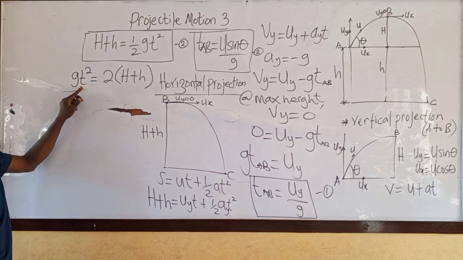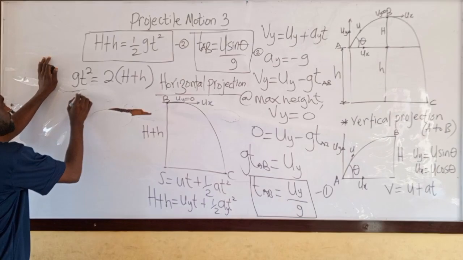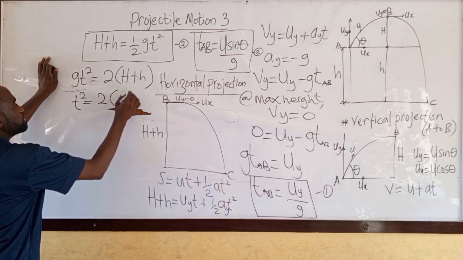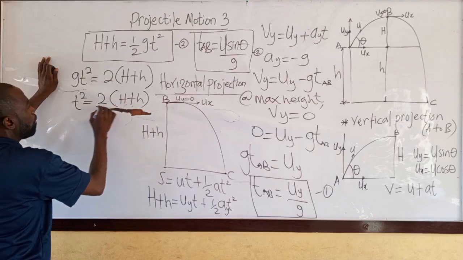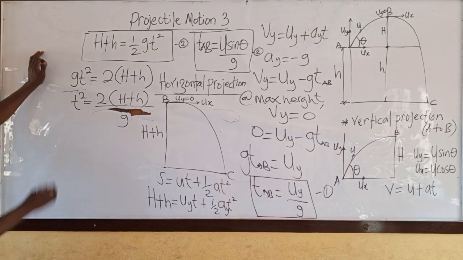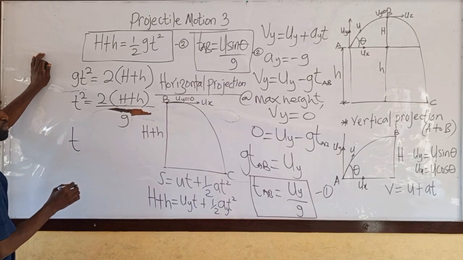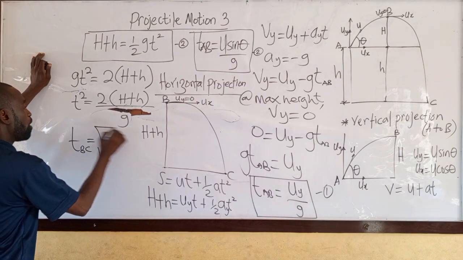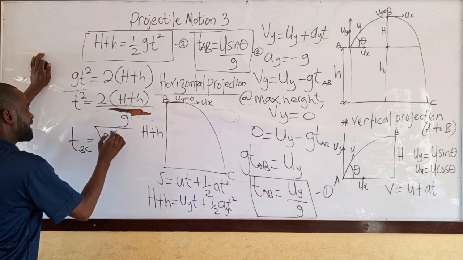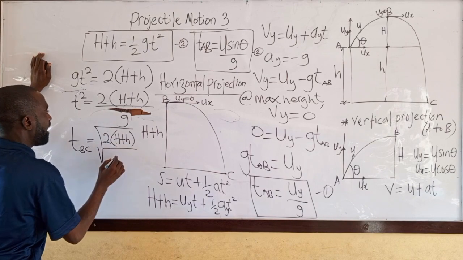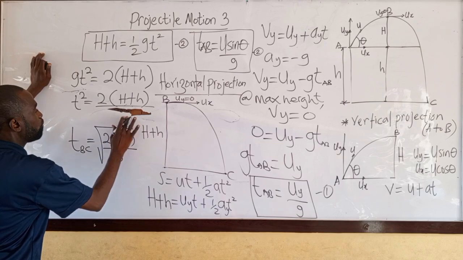So making t squared the subject, we have t squared equals 2 bracket H plus h all over g. What's our t? Only t. This t, t_BC, is the root of 2 bracket H plus h all over g.